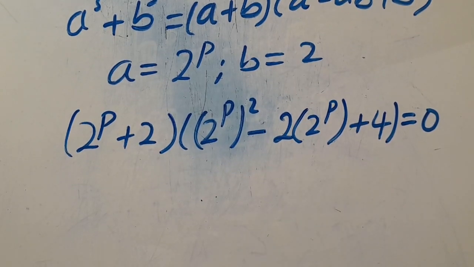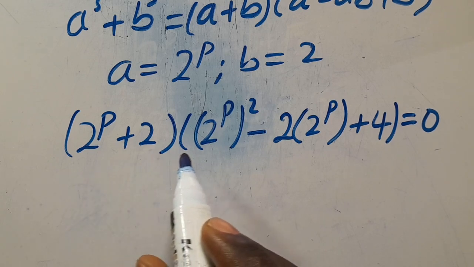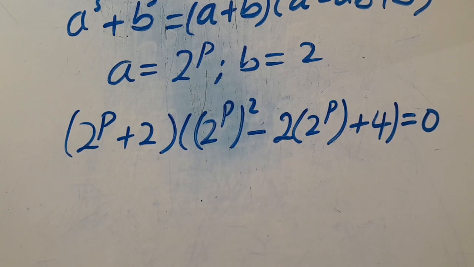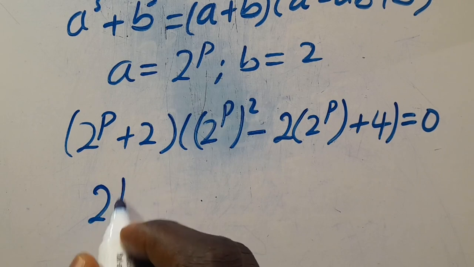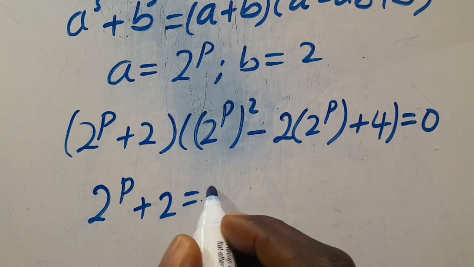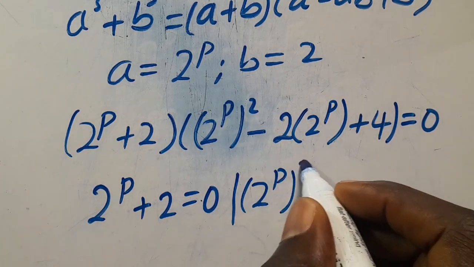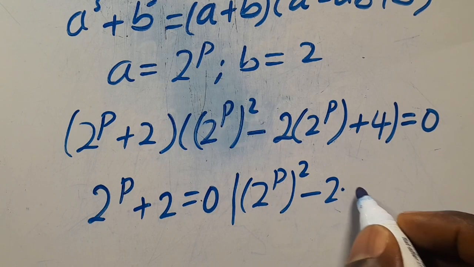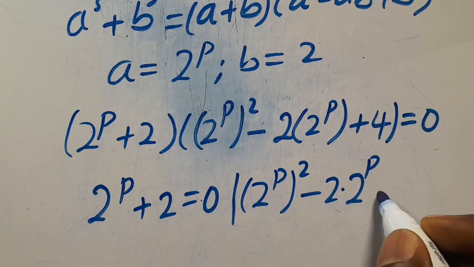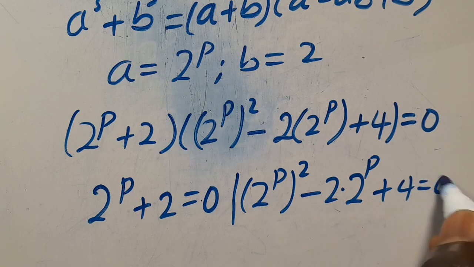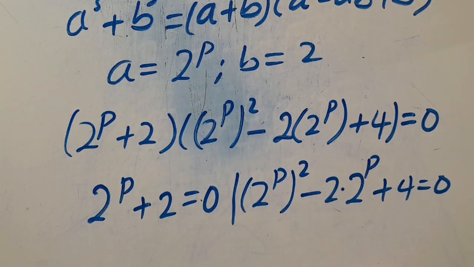So from here, what we are saying is that for this particular expression to be equal to 0, either we have 2 to the power of p plus 2 equal to 0, or we have 2 to the power of p, all in parentheses, to the power of 2 minus 2 multiplied by 2 to the power of p plus 4 equal to 0.